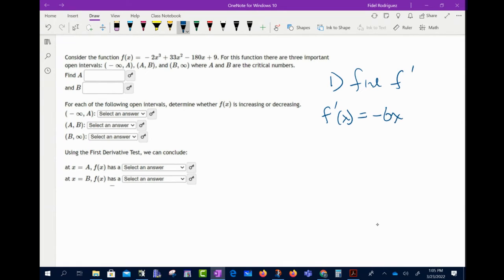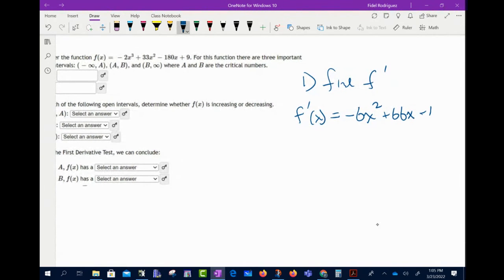Everyone agree negative 6x squared, plus, minus 180? Okay, good. Step 2, we find the critical values. Y'all remember how do we find the critical value? What do we do with that derivative?